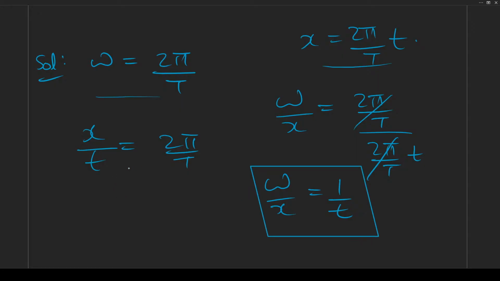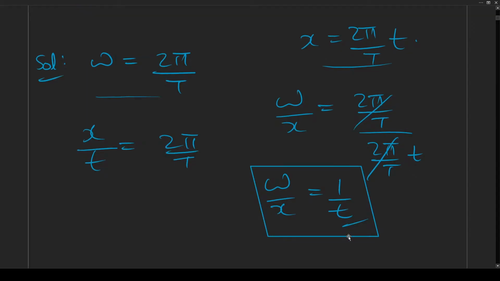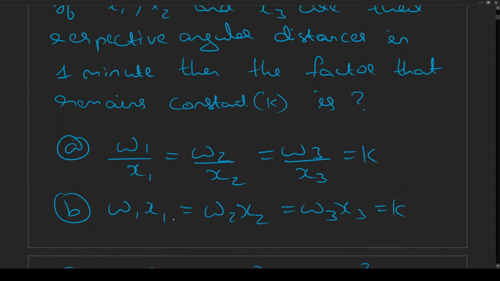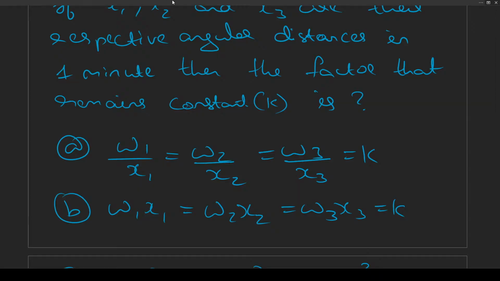In both cases, what is constant is time. As for 1 minute we take, time will be constant, or x by omega is also constant. If there was an option as x1 by omega 1 equals x2 by omega 2, that is also correct. Now finally the answer is option A.